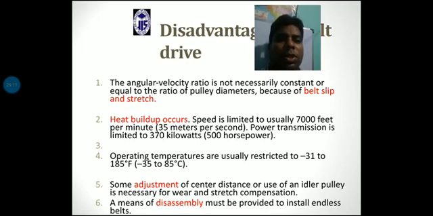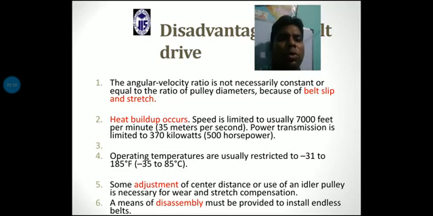The center distance may be changed, and if a long distance is there, we can use an idler pulley if necessary for wear and stretch compensation. The idler pulley is in idle condition with no function of its own, but is used as a helping hand for that type of adjustment of the belt drive.